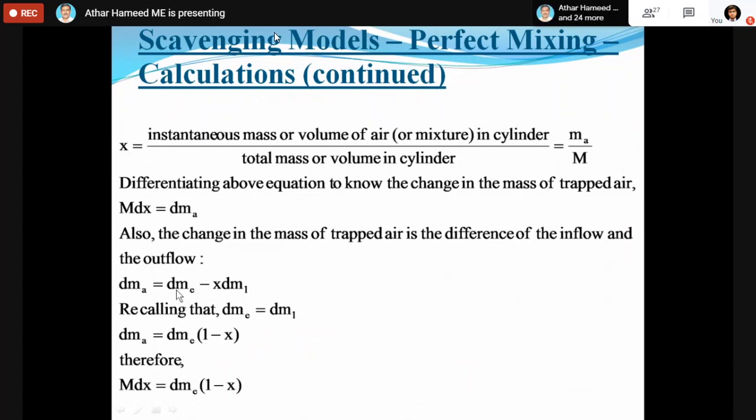Recalling that whatever is coming in is equal to whatever is going out, dme is equal to dml. So dma is equal to dme into 1 minus x. We are placing dml here as dme. Therefore, m dx is equal to dme into 1 minus x.